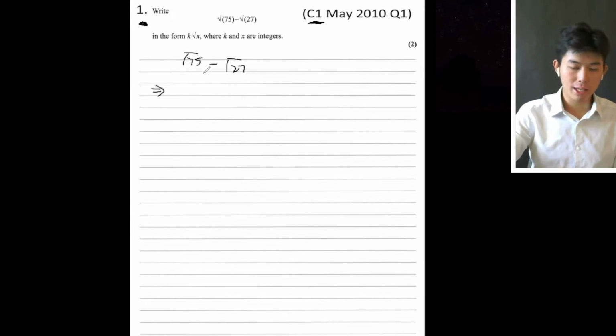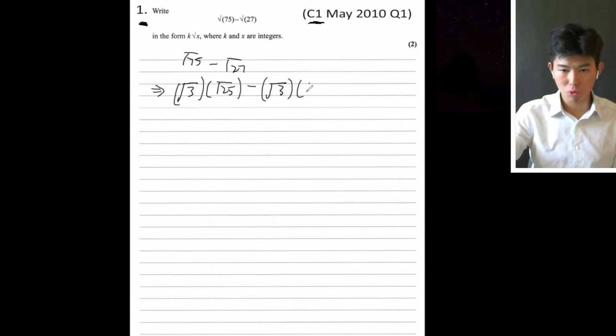The way we can do that is to take out root 3. So 75 divided by 3 would be root 25, minus, take out root 3 as well, times root 9.